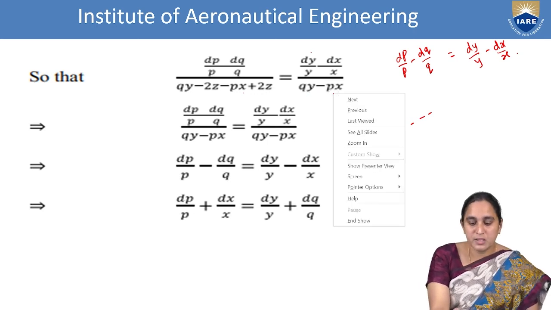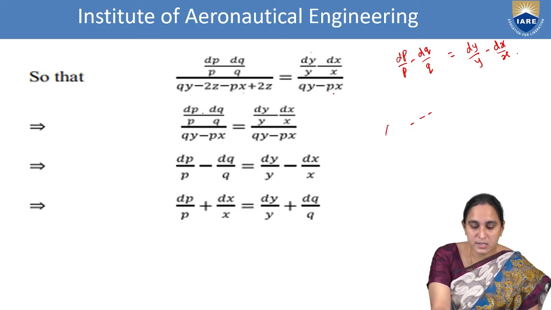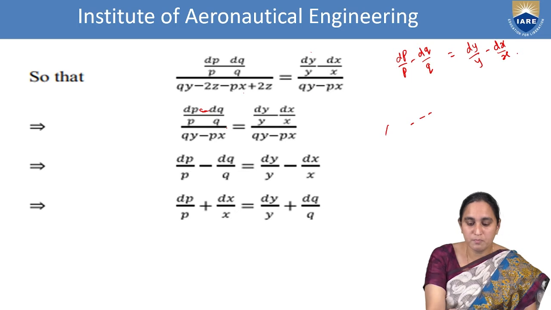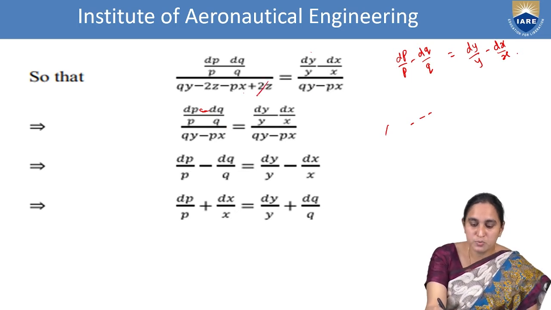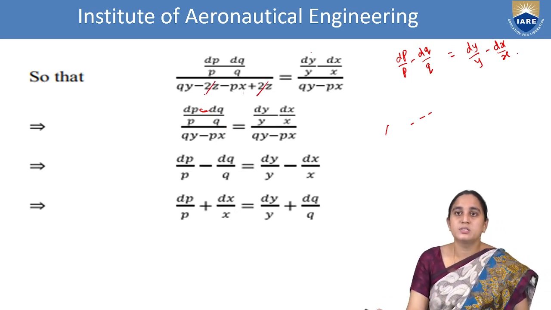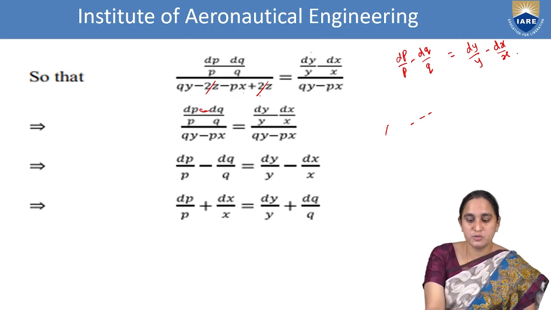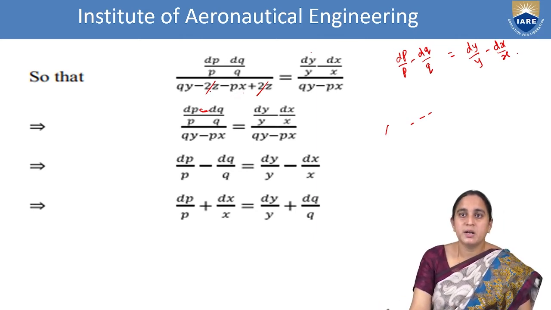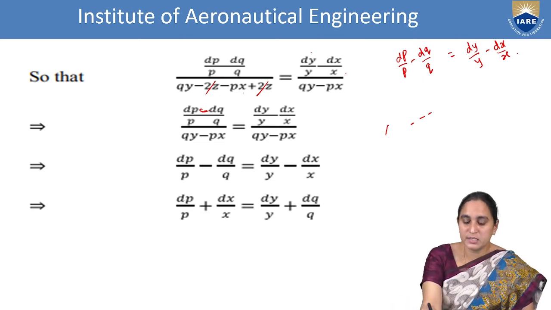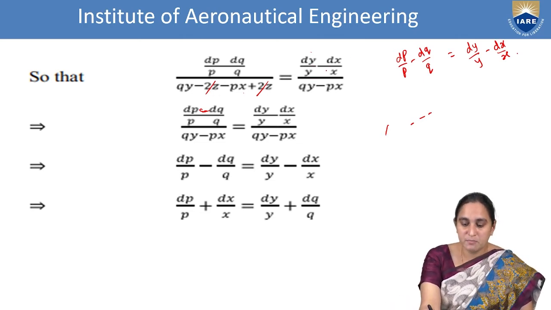From dP by P minus dQ by Q, here 2z and minus 2z cancel. On the RHS, dy by y minus dx by x divided by Qy minus Px.